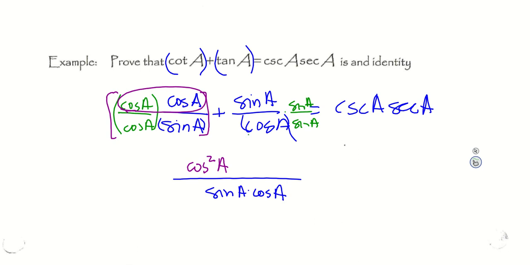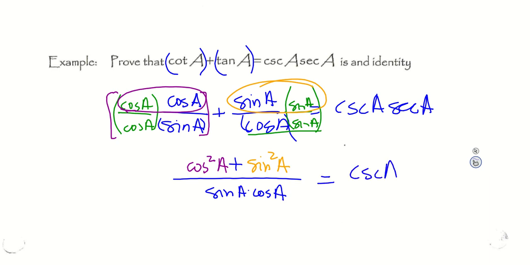That gives me cosine times sine, which is sine times cosine. I'm multiplying by 1, and what I get on top, when I multiply those numerators, is my sine times my sine, which is my sine squared of A. So again, that's supposed to equal the cosecant of A times the secant of A.